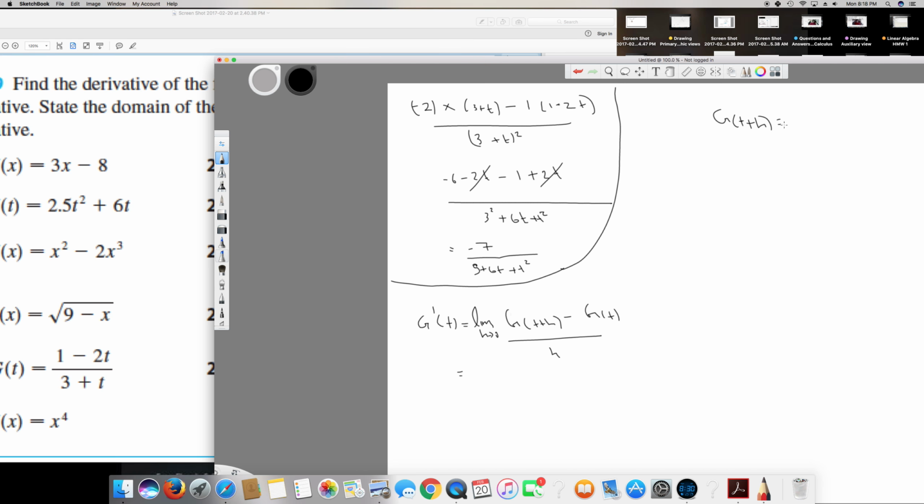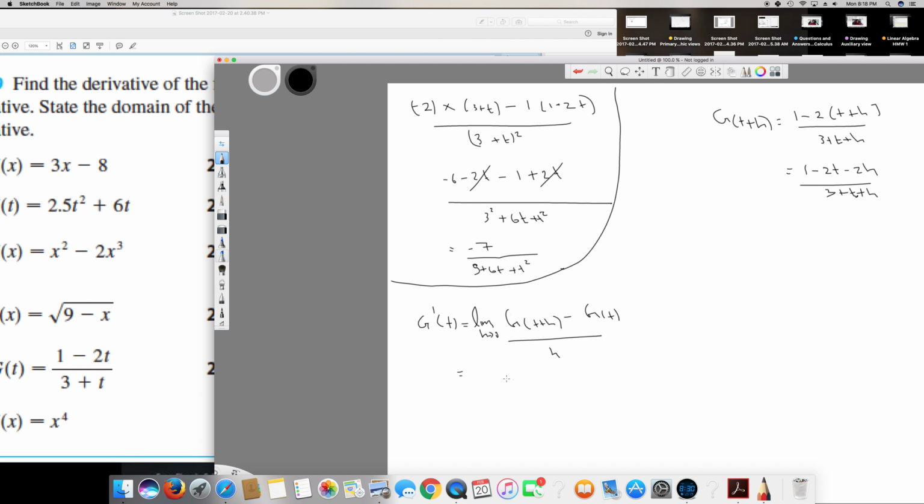So g of t plus h is going to be 1 minus 2 times t plus h, over 3 plus t plus h. If I expand this one, it's going to be minus 2t minus 2h over 3 plus t plus h. This is my equation for g of t plus h.